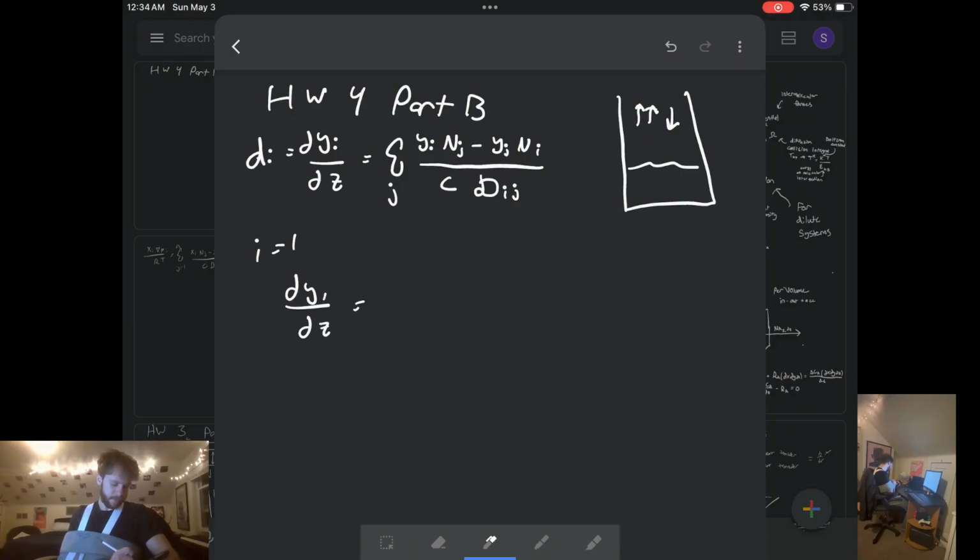So we'll say y1 N1 minus y1 N1 over C, concentration divided by concentration times our Stefan-Maxwell diffusion coefficient.